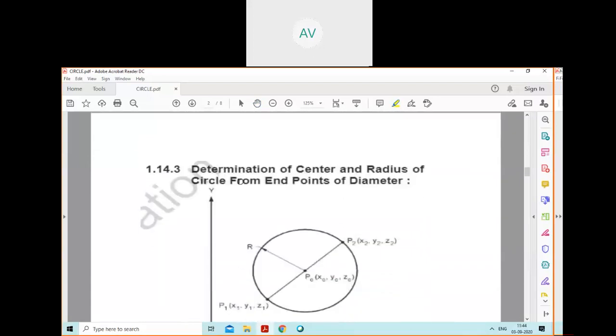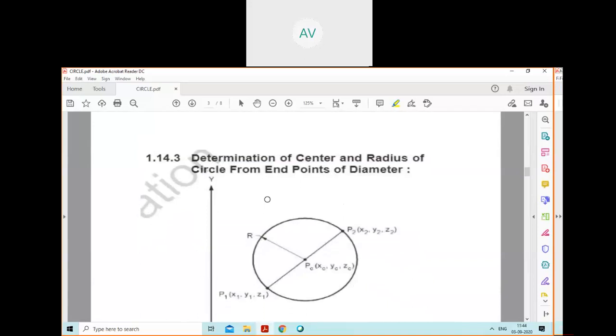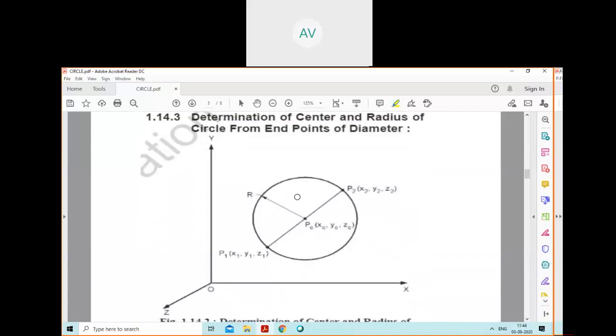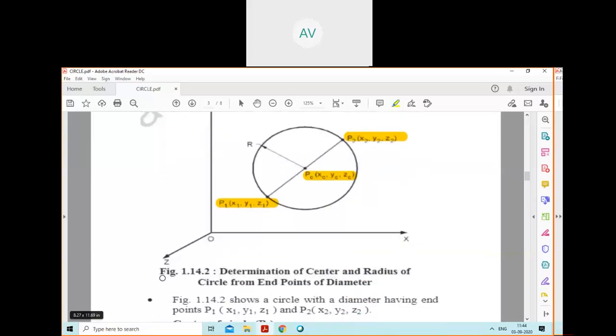Next, determination of the center and radius of the circle from the two ends of the diameter. This is very simple. We have to find the center point and radius of the circle from the two ends of the diameter. See here, P1 is one end and P2 is the other end. P1 has x1, y1, z1 and P2 has x2, y2, z2. The center point is xc, yc, zc and r is the radius. You just have to add and divide.